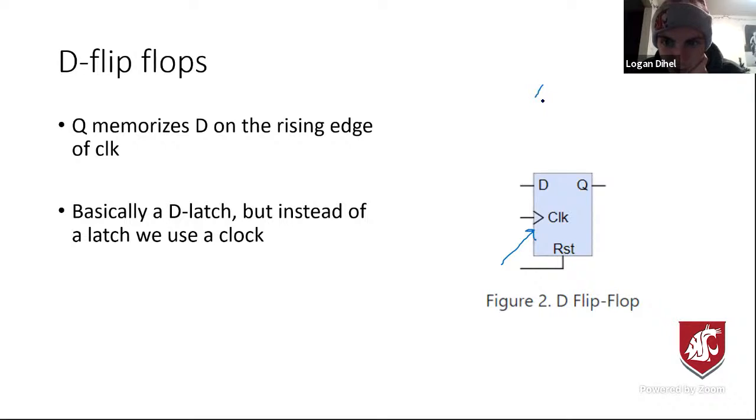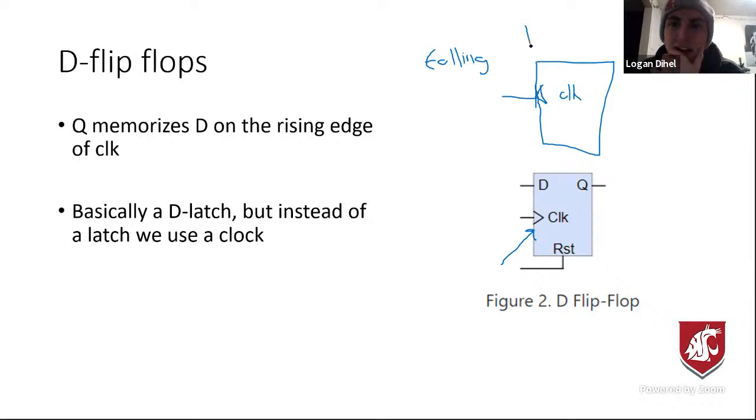If it was drawn like this, it would be falling edge. Those are pretty rare. You might even see something like this shape, which means dual edge, so it would memorize on rising and falling edges.